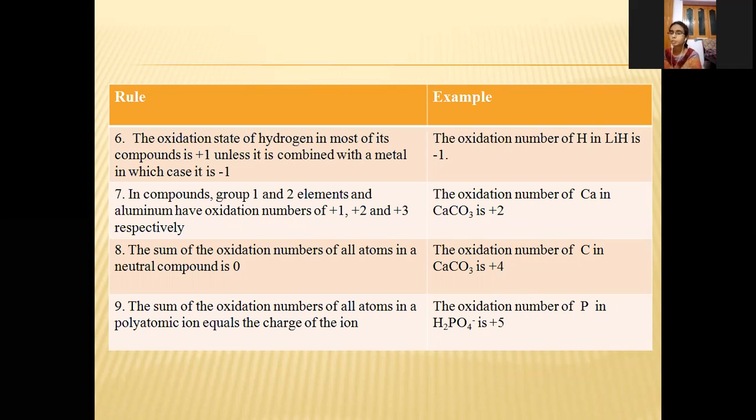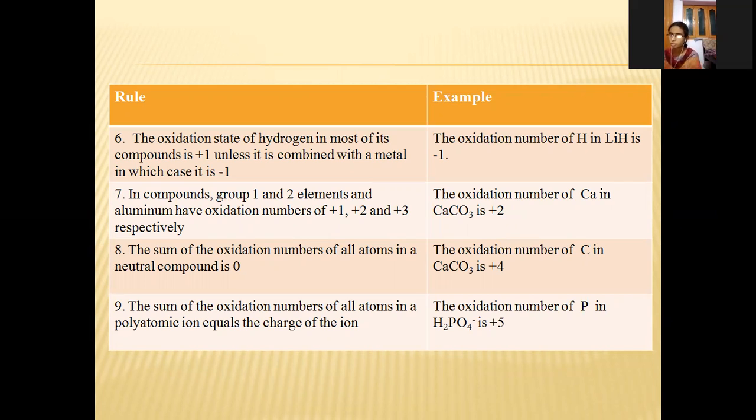Group 1 and group 2 elements and aluminium have oxidation numbers of +1, +2 and +3. So the oxidation number of calcium in calcium carbonate is +2. The sum of the oxidation numbers of all the atoms in a neutral compound is 0. The oxidation number of carbon in calcium carbonate is +4.